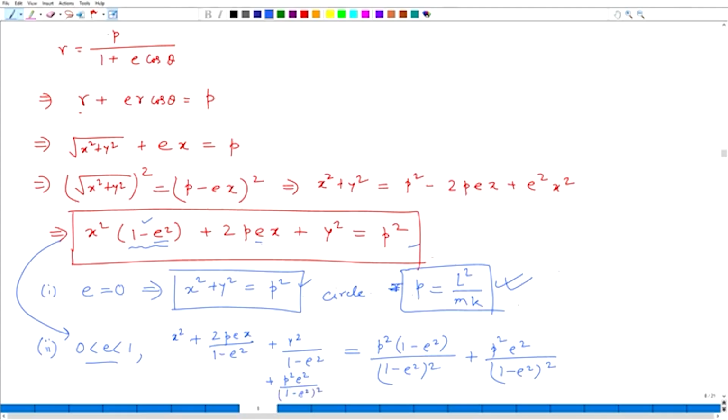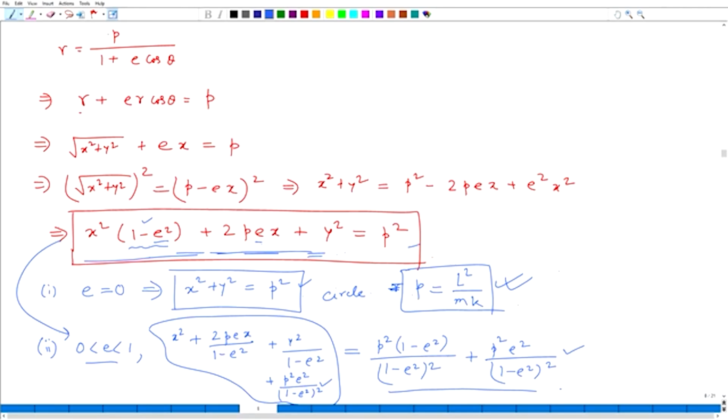So I write the entire left hand side as these terms, and the right hand side I wrote in this way. In both sides I have added this term, p square e square by 1 minus e square whole square. If you want to cross check, you can, and let me know whether it works or not.